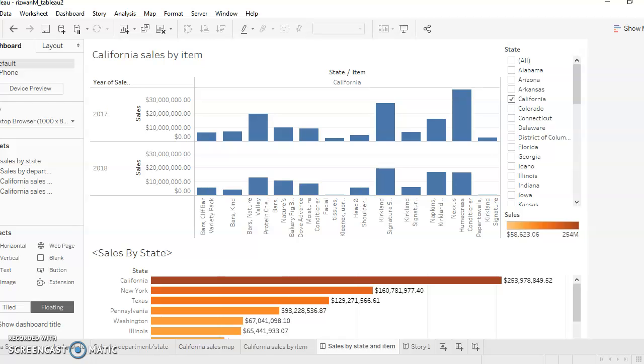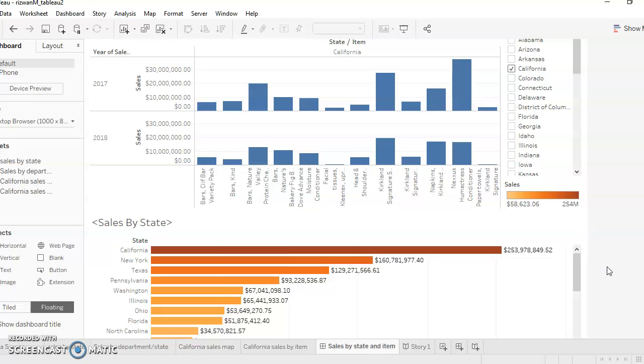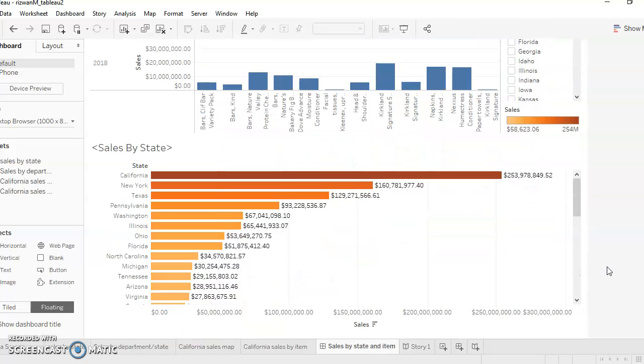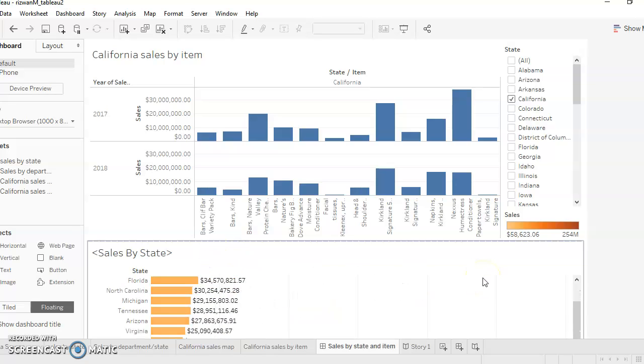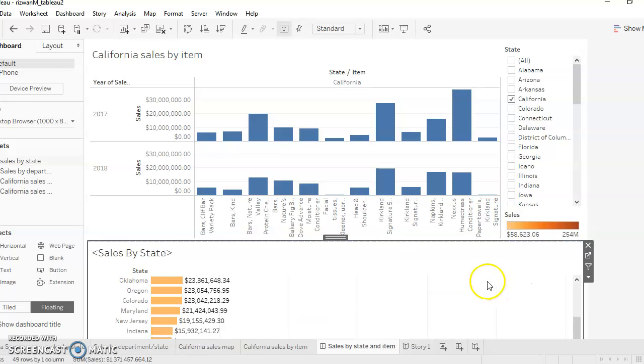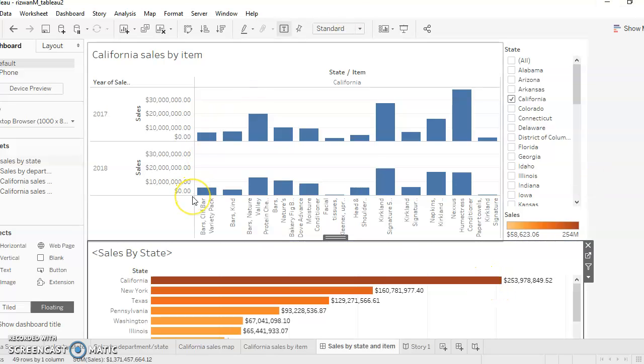For this specific project, I decided to use the sales by item and the sales by state worksheets, because in the sales by state worksheet, we can see that California has the largest sales once again, and taking that into account, I put it into the sales by item and by year, and it's 2017.